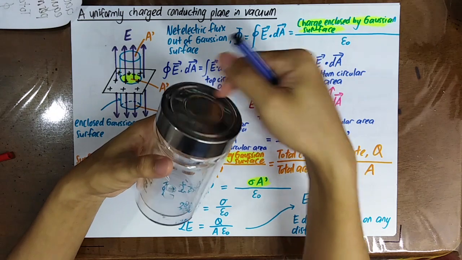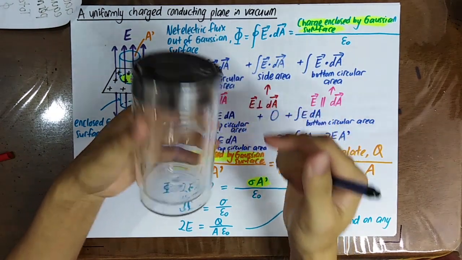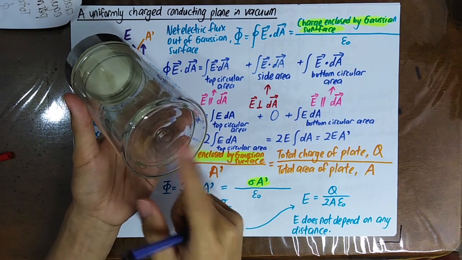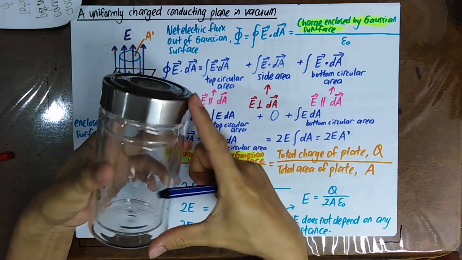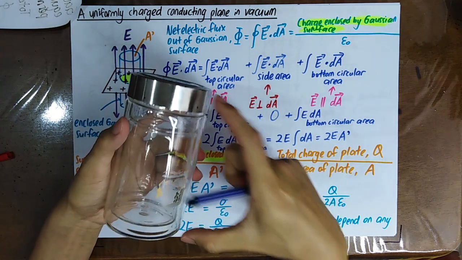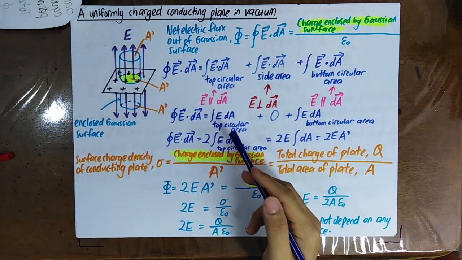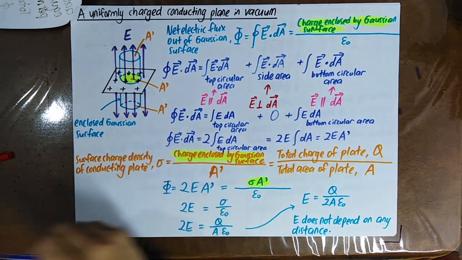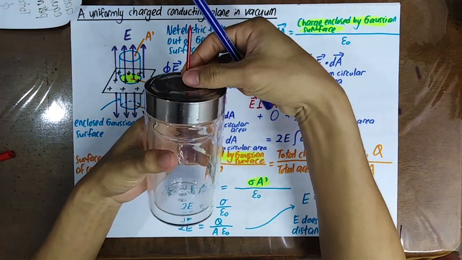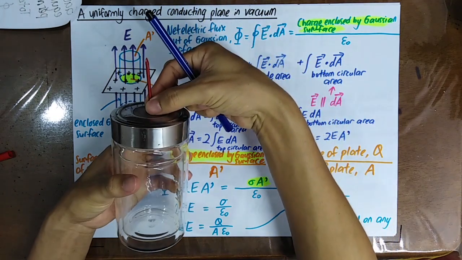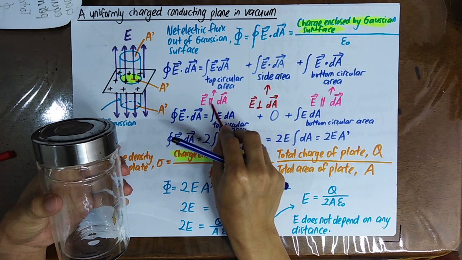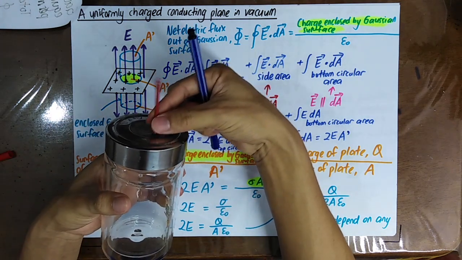You have a top circular area pi r squared, and then another bottom circular area which is also pi r squared, and then the side area which is 2 pi r h, where the h is the height of this. And then you know that for the top circular area, the dA is here, and then the electric field is also this direction. So you know that E is parallel to dA for the top circular area.